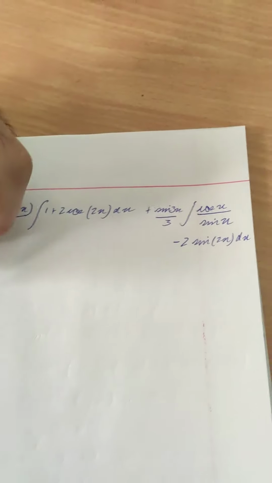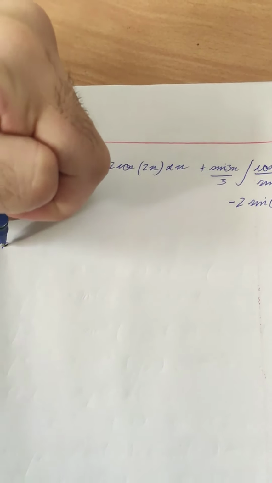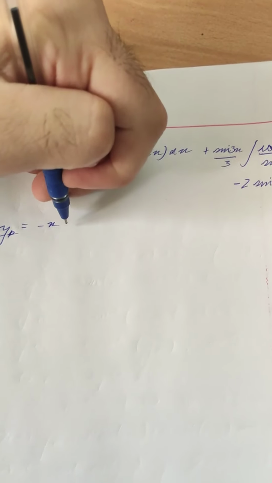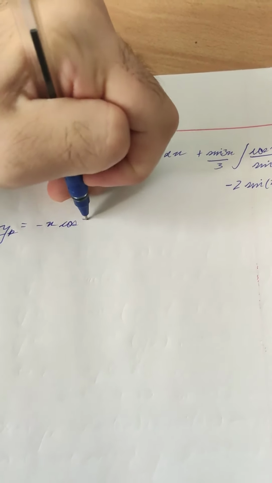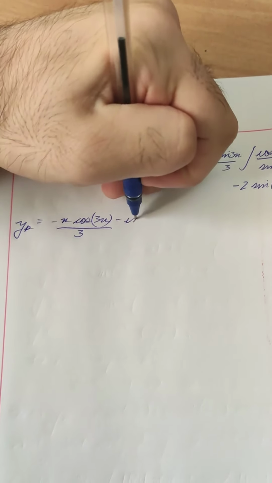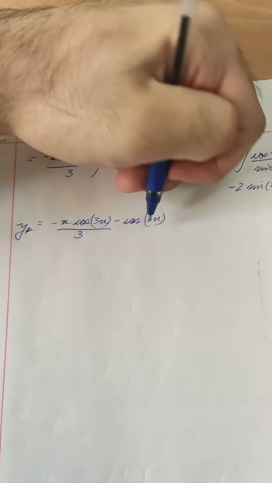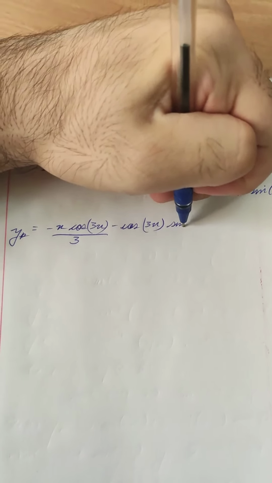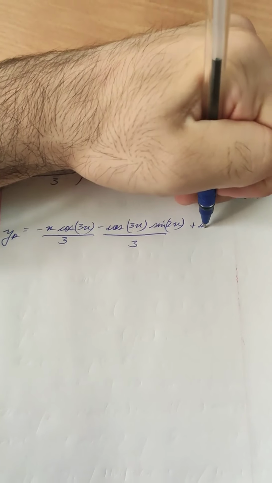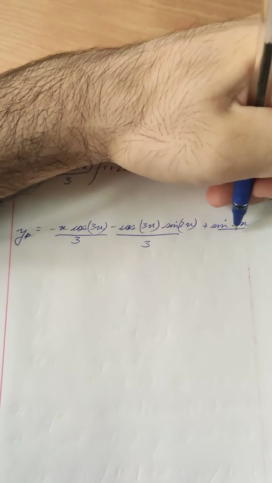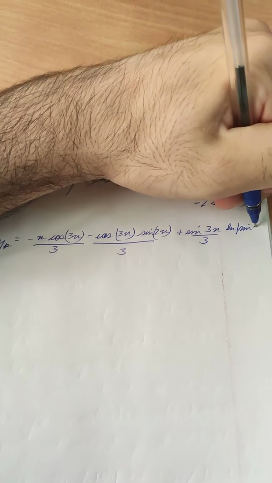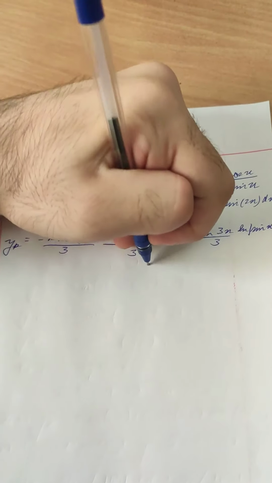Okay, this seems correct. So it will eventually lead to y particular being minus x cos 3x upon 3 minus cos 3x sine 2x upon 3 plus sine 3x by 3 natural log sine x, and there should be another term.